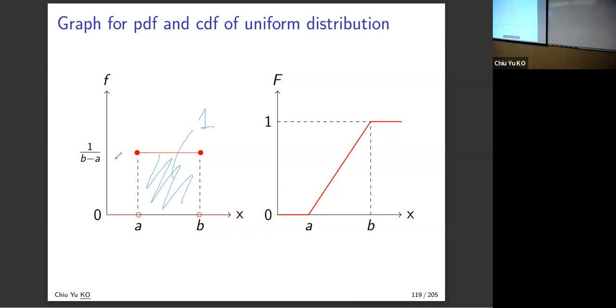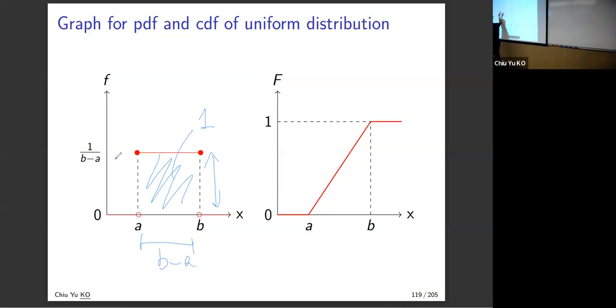This is a rectangle. From primary school, you learn the area of a rectangle is base times height, right? So what's the base here? Base is b minus a. And the height must be what? b minus a times what is 1? It's 1 over b minus a.